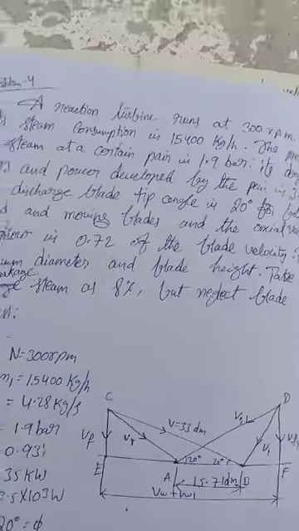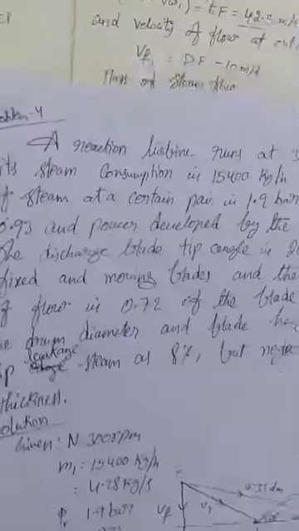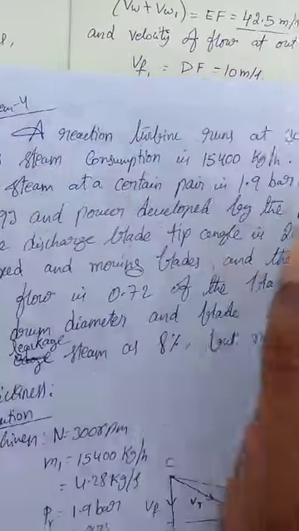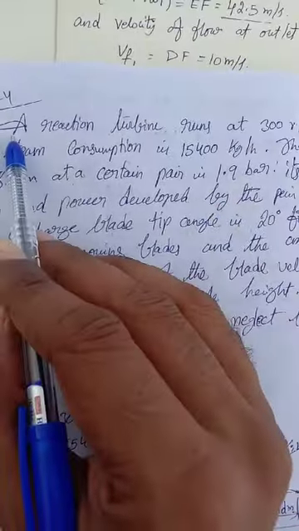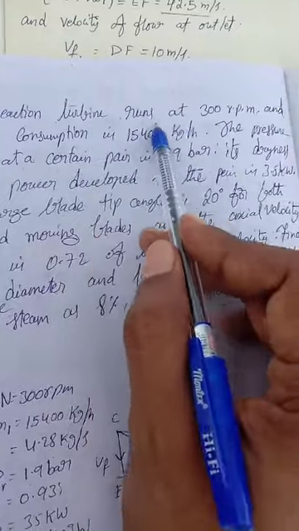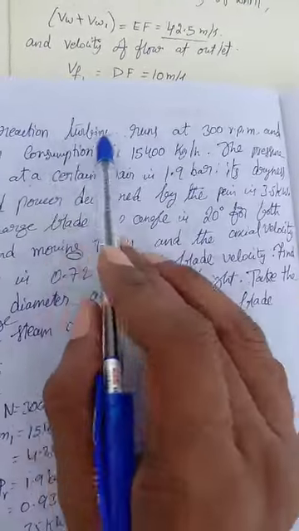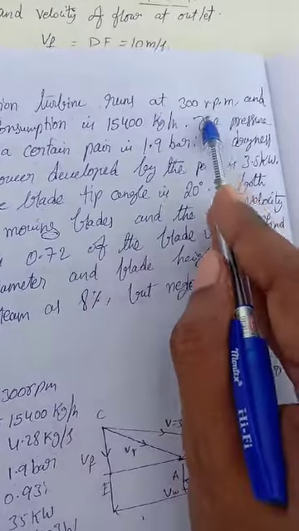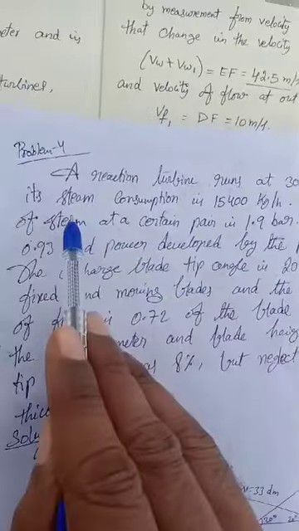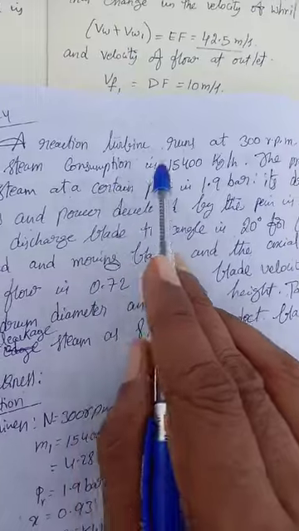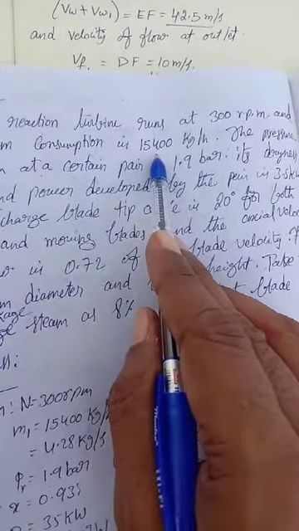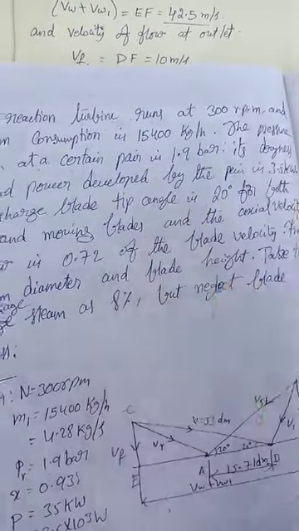A reaction turbine. So another problem is here. A reaction turbine runs at 300 rpm and its steam consumption is 15,400 kg per hour.